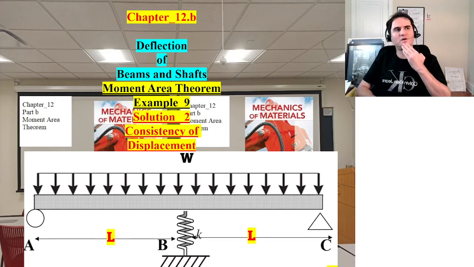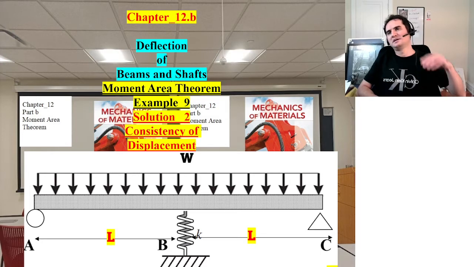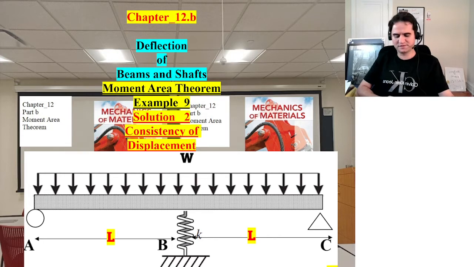We have solved this problem in a previous video with the moment area method, which is an easier approach for solving such problems than the integration method. But this time, Solution 2 is based on a far simpler approach, which is consistency of displacement. Let's see how that goes.